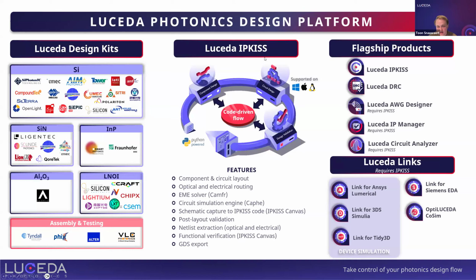Luceda IPKISS is our core product, and this is the flow that brings you from component design to circuit design, design validation, until your eventual tape out. Some features are that we have our own simulation engine. We have a schematic capture, which is IPKISS canvas. You could do netlist extraction, functional verification, and also export your GDS at the end.